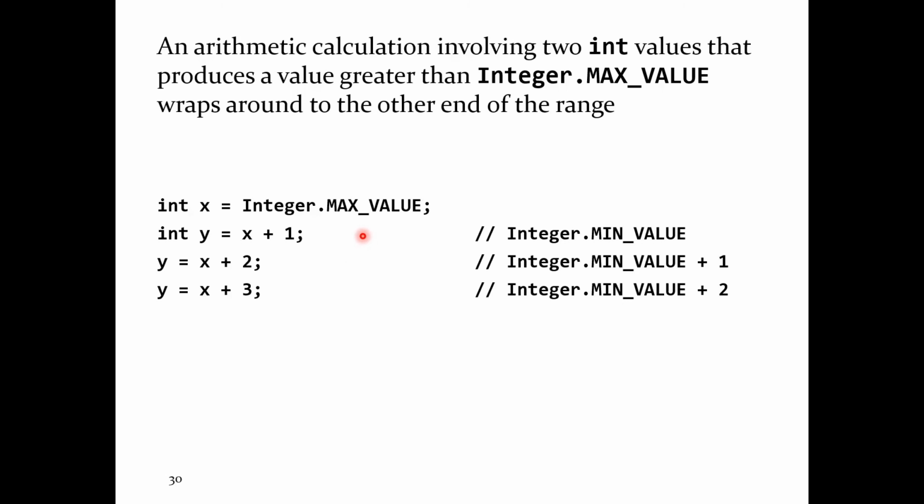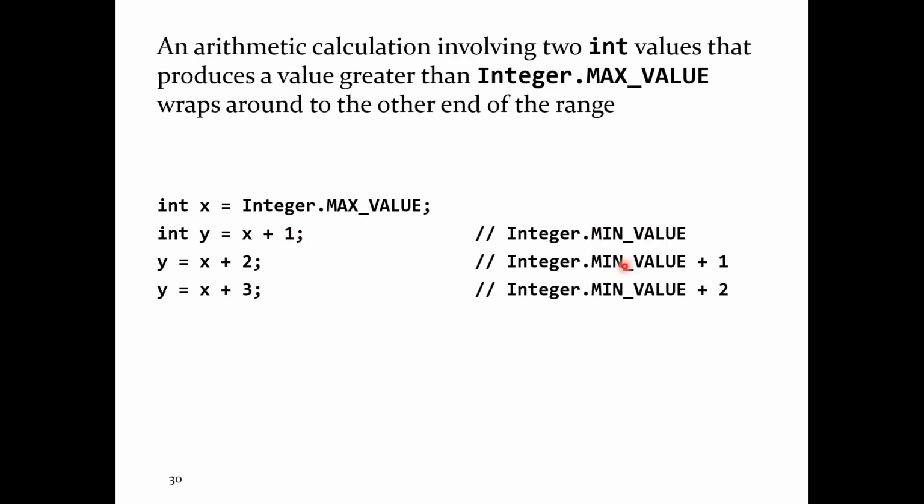Instead, the value wraps back around to the other end of the range. In other words, if you add 1 to integer max value, you wrap all the way around to integer min value. So it's like the range of int values is cyclical, or circular. If I take x and add 2 to it, well, adding 1 takes me to integer min value.